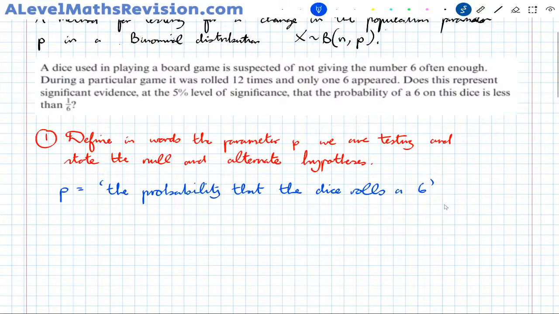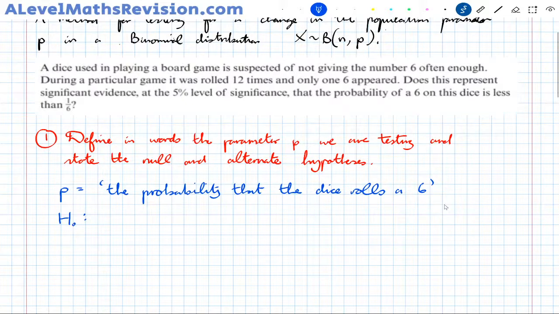And state the null and alternate hypotheses. So the null hypothesis is us giving it the benefit of the doubt. All is good with the world. So H0 colon, that says the null hypothesis is, don't write H0 equals, write H0 colon. You must write it exactly like this in order to get the marks in an exam.